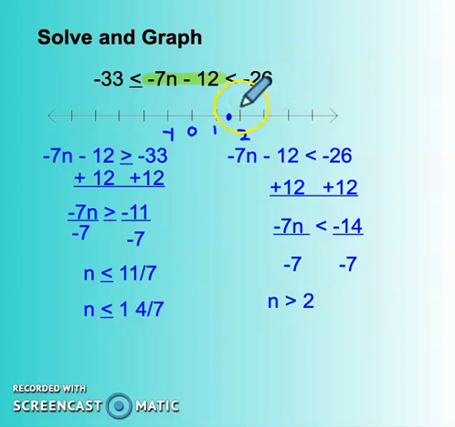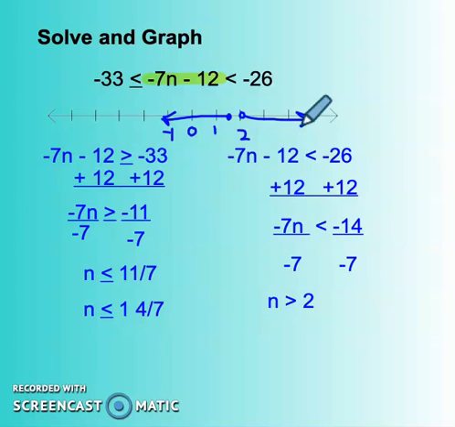And this one has a ray that will be going off to the left. And then this one is greater than 2. And so it is an open dot on 2, and it's greater than. So it's going this way. It's going off to the positives.